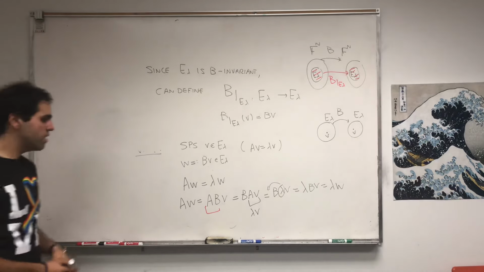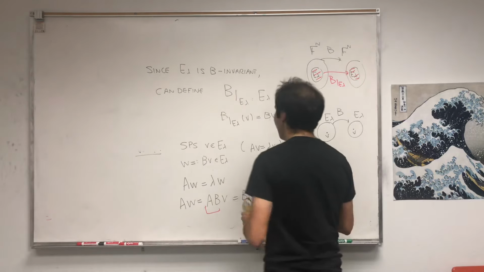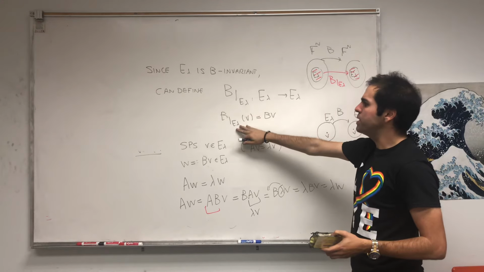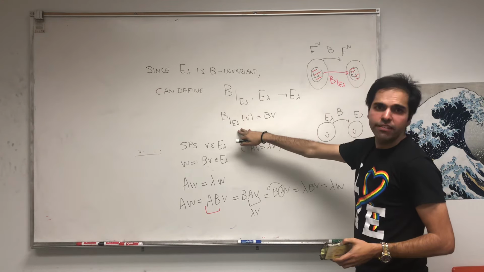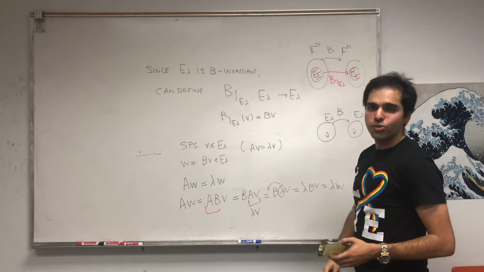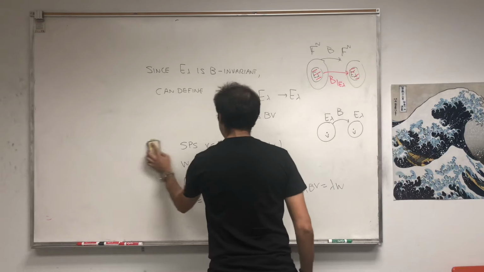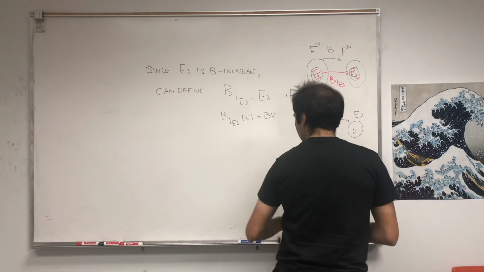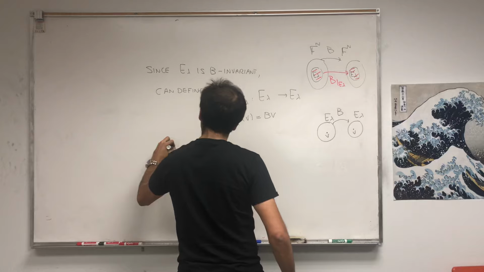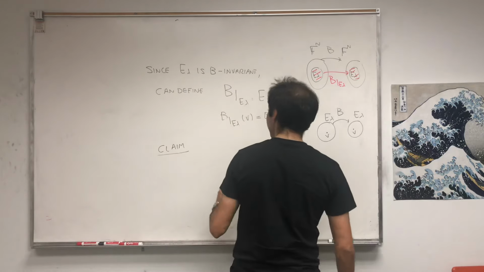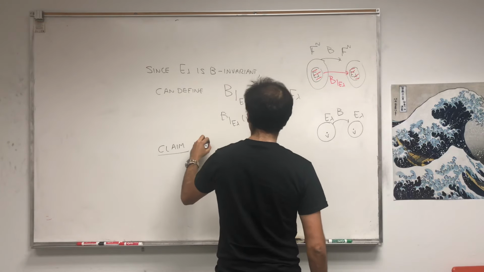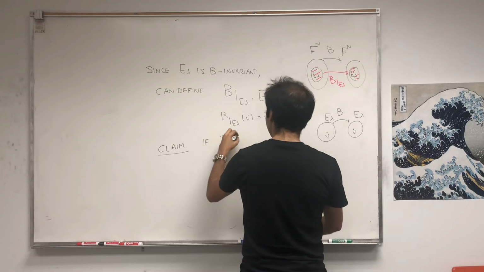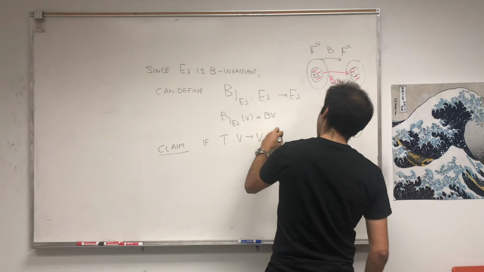Also, we know that B is diagonalizable, and here's a beautiful fact. It turns out if you restrict B into any smaller invariant subspace, then the restriction is still diagonalizable. So here's the second claim of the day. And then let's see how we can conclude from that. So if, let's say in general, T from V to V is diagonalizable.